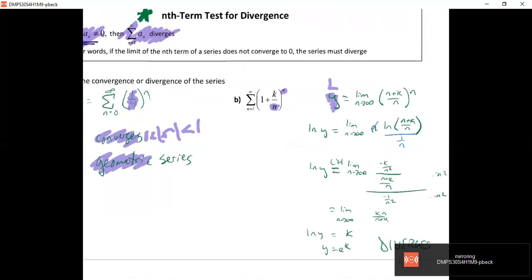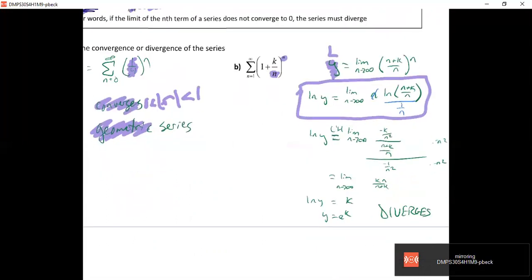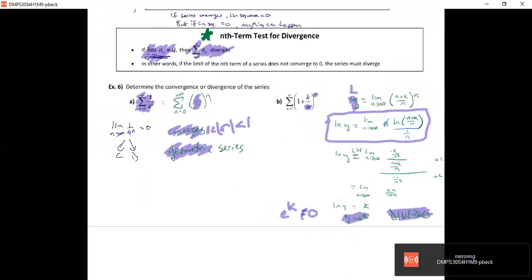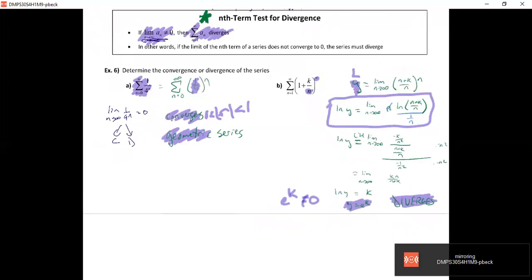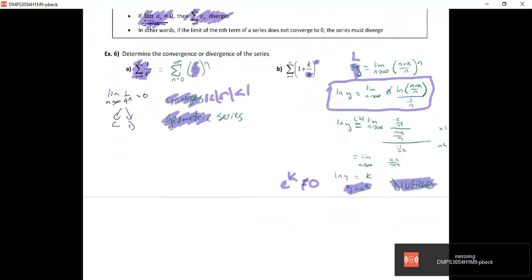When we try to find this overall limit, the natural log of y, this is going to be a repeat of everything that we did in 7.7. What ends up happening is our limit is e to the k. Because e to the k does not equal 0, we know we have divergence. It's nice for us to actually write the name of the test. The reason why we have divergence is the nth term test.